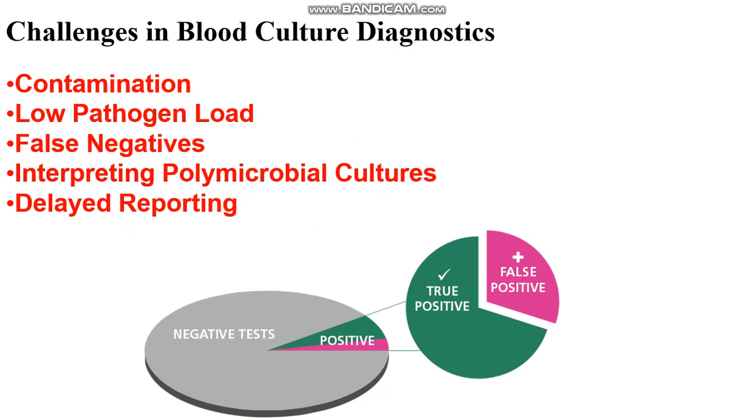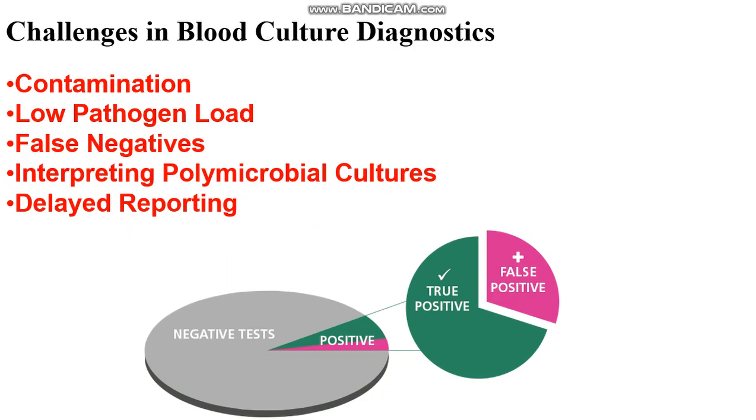Another challenge is detecting infections with a low pathogen load. This is particularly a problem in early stage infections or when antibiotics have already been started. In such cases, repeated blood cultures may be necessary to improve detection.